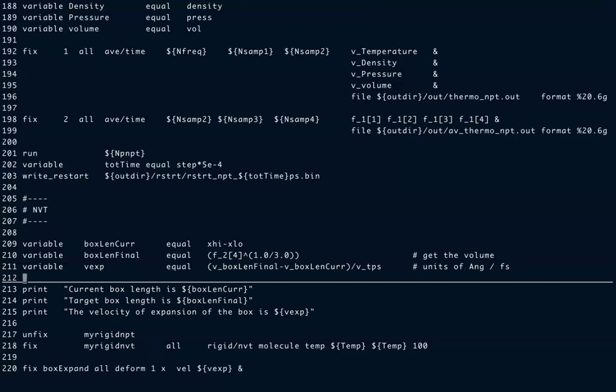A sudden expansion of the box can lead to molecules trying to overlap with each other, which will result in your simulation crashing. Thus, it is advisable to expand the box at a velocity which allows your box to equilibrate in a smooth manner.